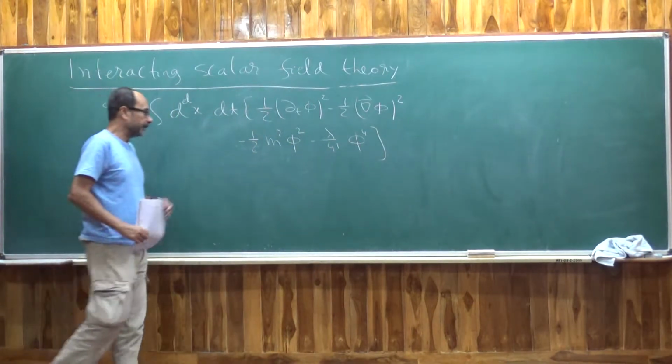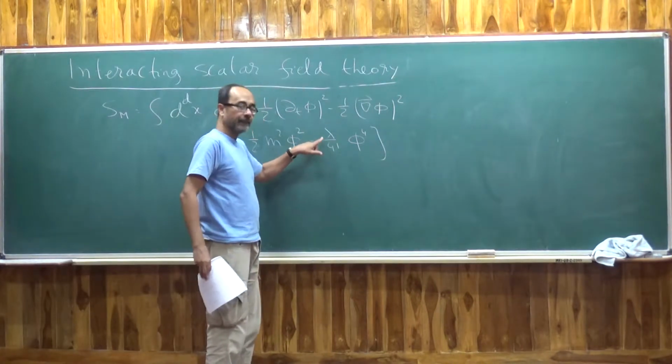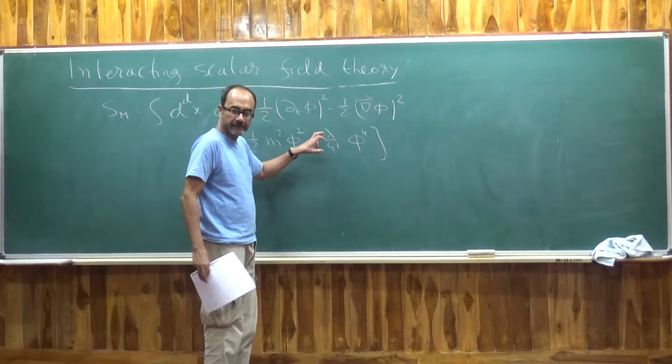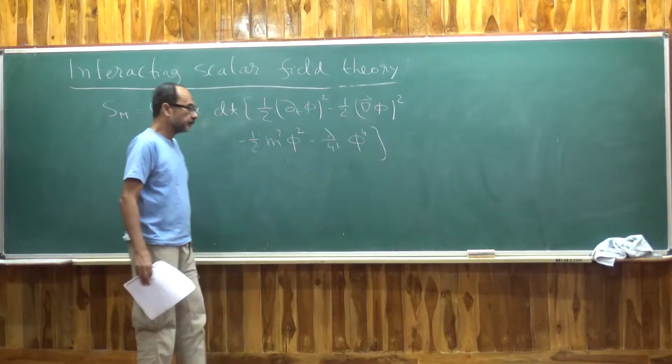I should just point out that in the review that I referred to, this is taken as lambda over 4. So many of the explicit factors will be different between what I write and what you find in the review.